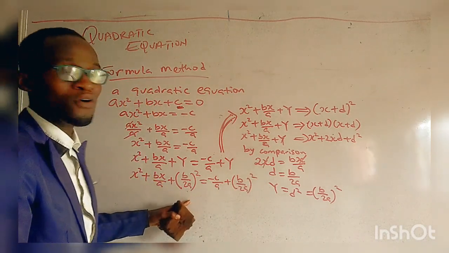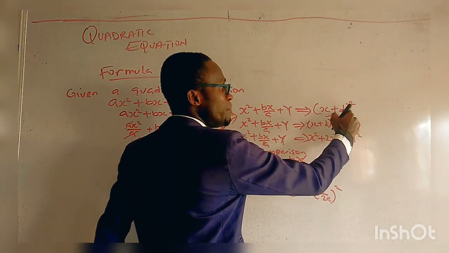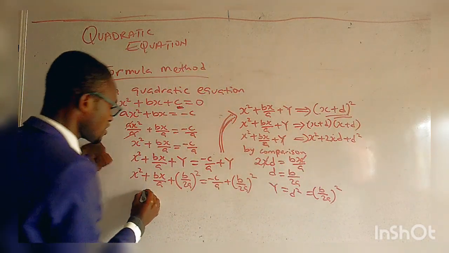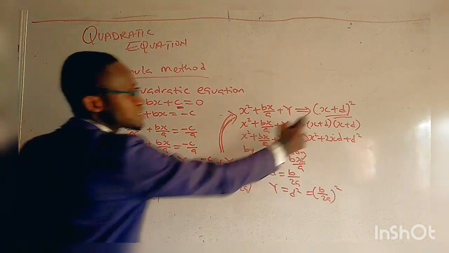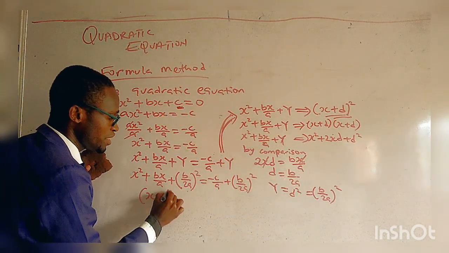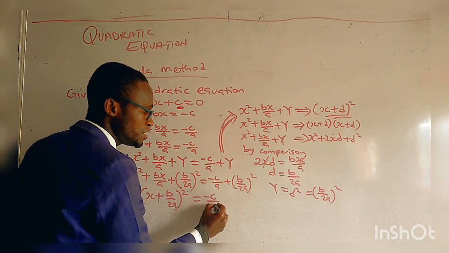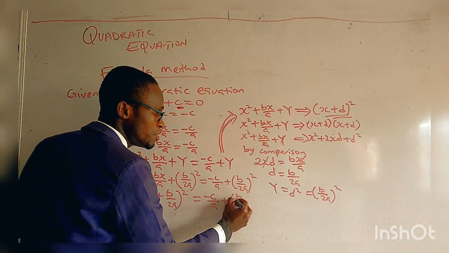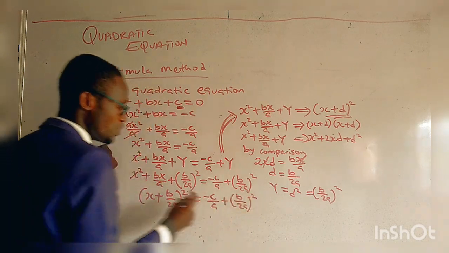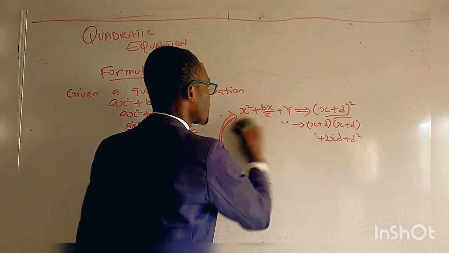Once you have completed the square, it returns to x plus d, where d is b all over 2a, all raised to power 2, equals minus c all over a plus b all over 2a squared. Now, I can clean this place.